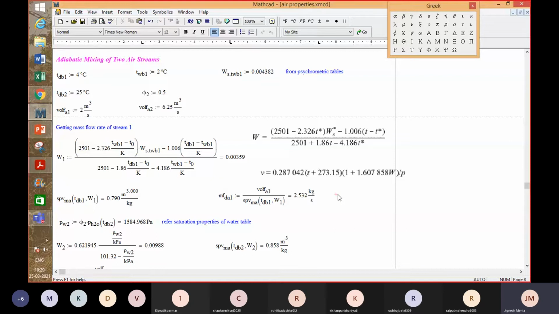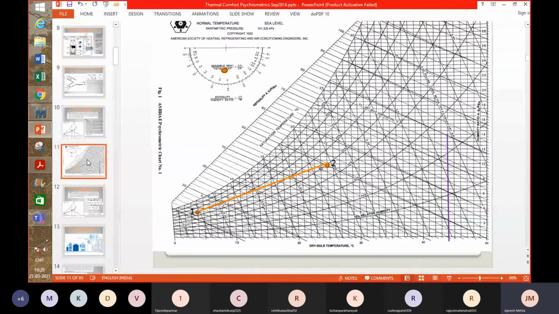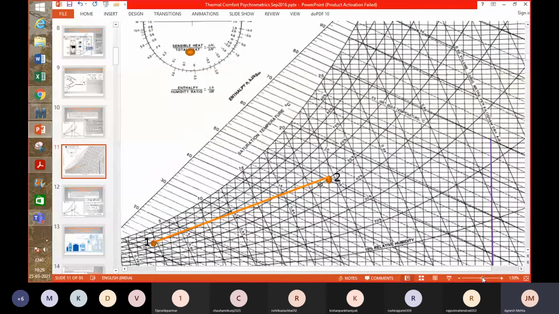Now you want to get the mass flow rate for stream 2. For that also, either you read it from the psychrometric chart and get the specific volume. I hope you are able to recall that these are the constant specific volume lines.